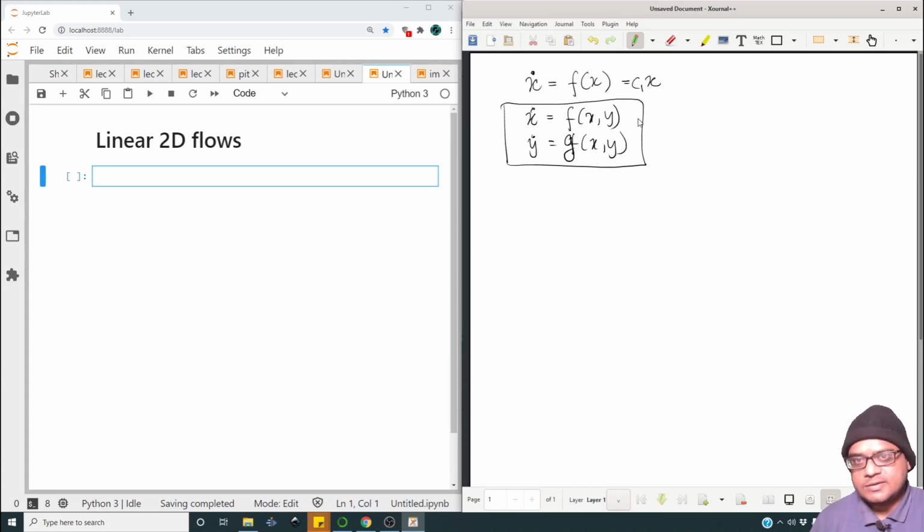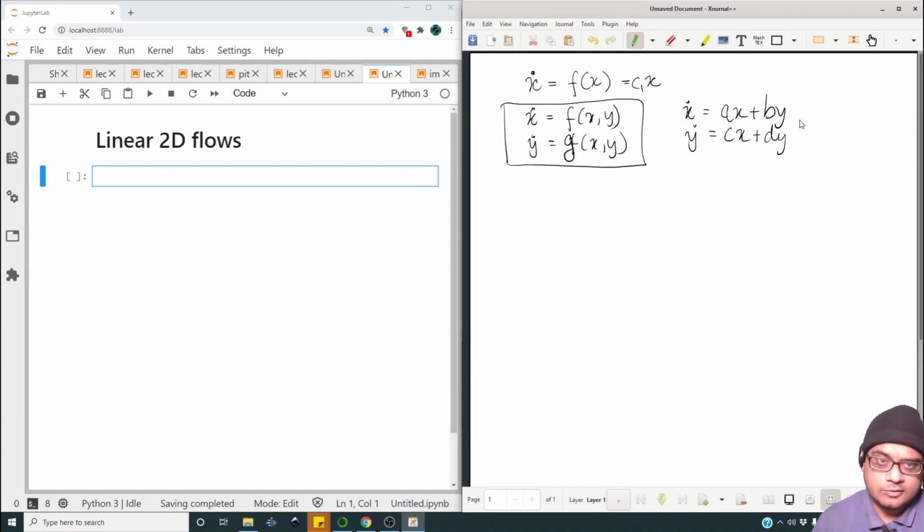Now when f(x,y) and g(x,y) are linear functions of x and y, meaning x dot is c1x plus c2y, or more generally x dot is ax plus by and y dot is cx plus dy, then such flows are called linear flows.